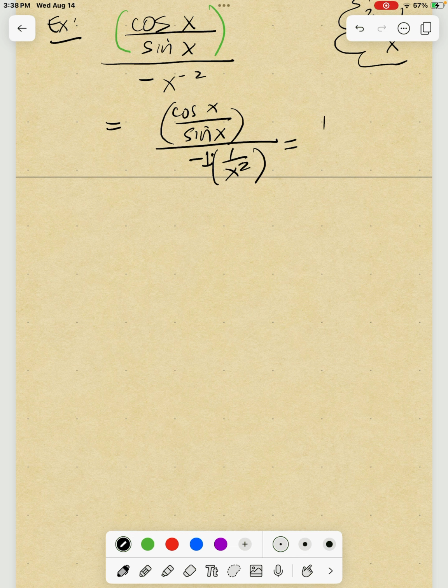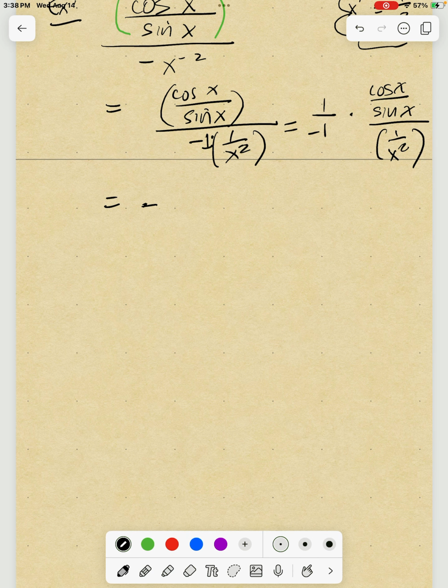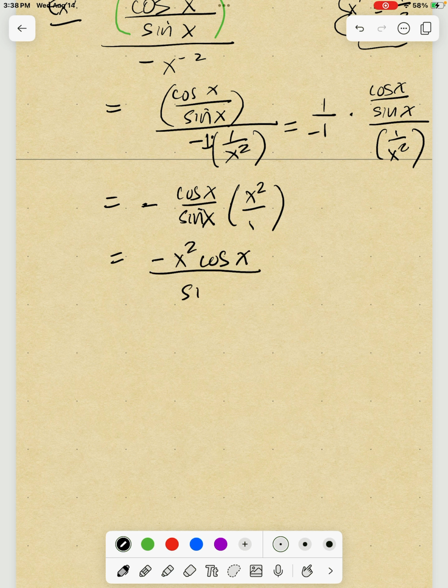I can think of this as 1 over negative 1 times cosine x over sine x all over 1 over x squared. And 1 over negative 1 is negative 1. So I have a negative in front. So I have a negative cosine x over sine x. And when I divide by 1 over x squared, that's the same as multiplying by x squared over 1. So this simplifies to negative x squared cosine x over sine x.